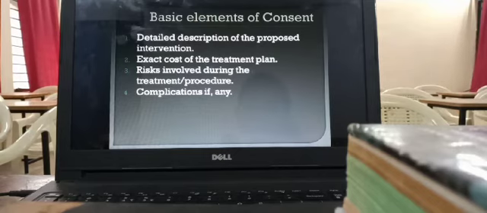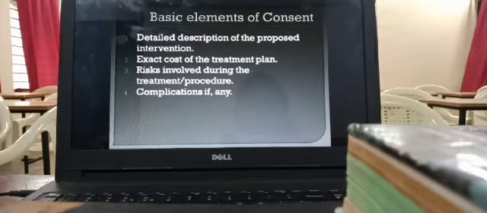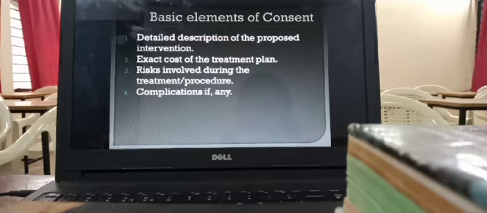In that case, the physician has to remove the uterus. The physician cannot obtain the consent from the patient, so they will just do the procedure. Those are the types of risks that could be involved during the treatment.